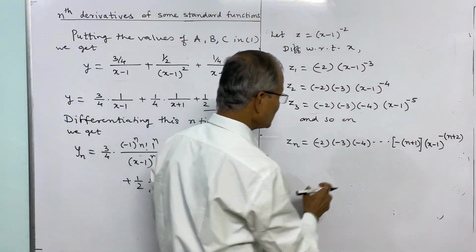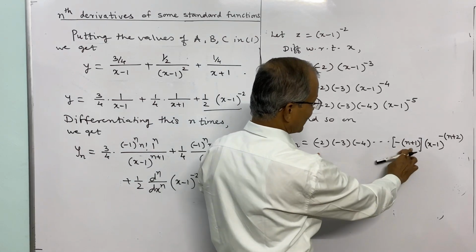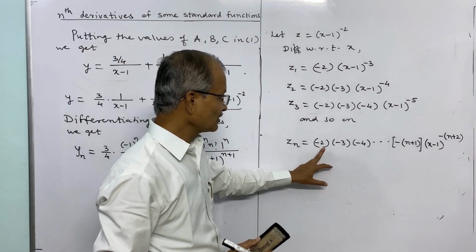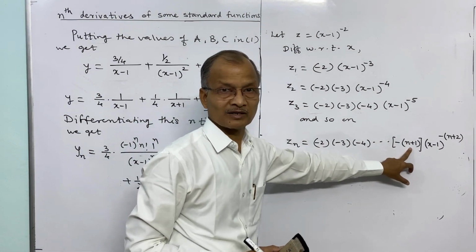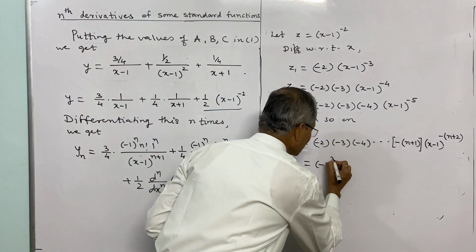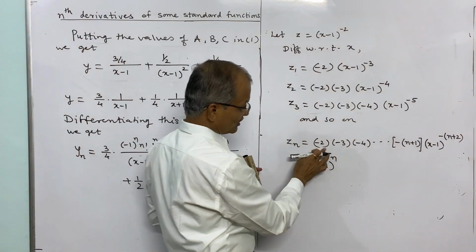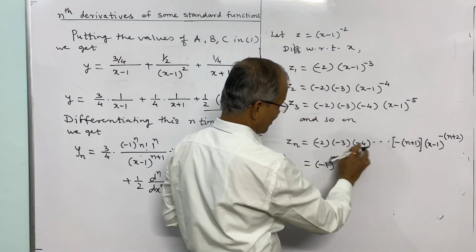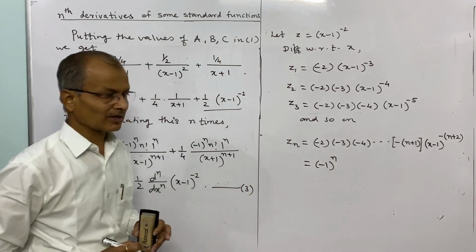How many terms are there? You see, it starts with 2, and the last is n plus 1, and therefore we count this as 1, 2, 3, and the last will be 1 less, that is n. So the negative sign is common from each. These are n terms in total. So minus 1, minus 1, minus 1 means minus 1 to the power n.